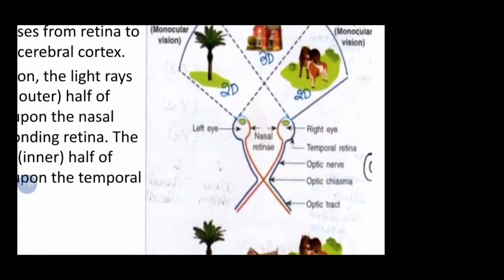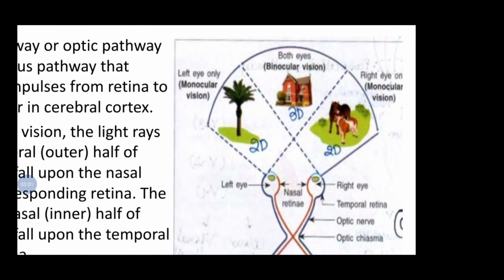Try to see that the temporal part is able to see the objects present on the left half of the visual field, and the right eye is seeing the right part of the visual field.